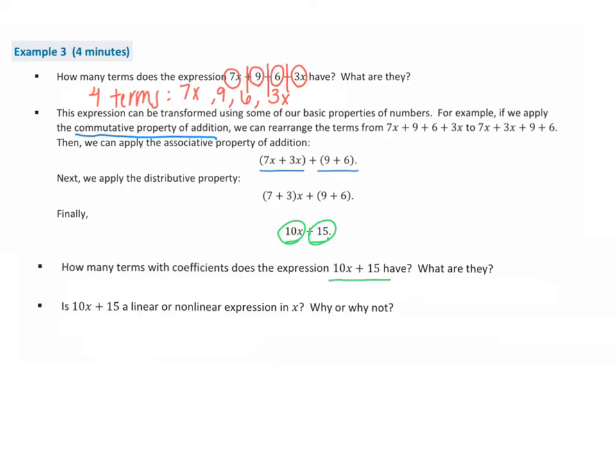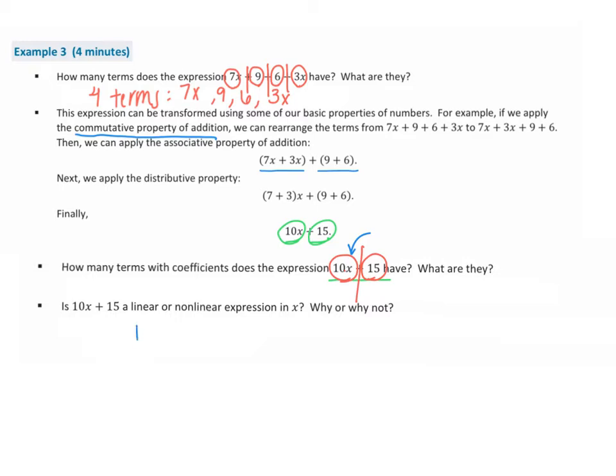Then they're going to break this down again and say, how many terms does this have? It has 2 terms, 10x and a 15. Now that we have this completely broken down, we're looking at our x, and we're going to ask ourselves, is this linear or non-linear? And if we're looking at this x, does it have an exponent? No, that means it's raised to the 1st power. It's only one of them.